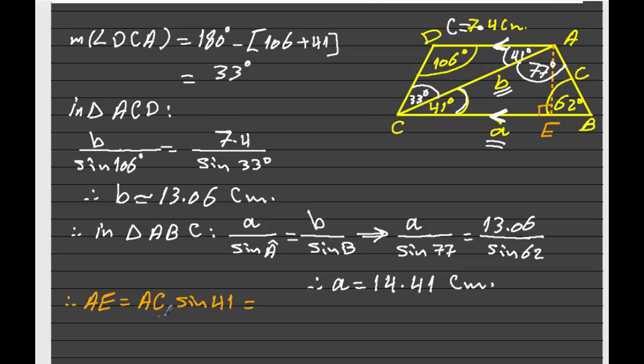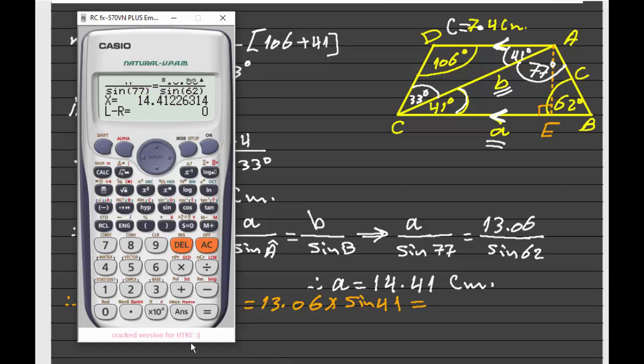What is the length of AC? It is B, which we already calculated, equals 13.06 multiply sine 41, which equals, again using the calculator, 13.06 multiply sine 41.